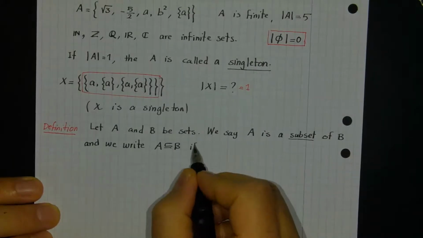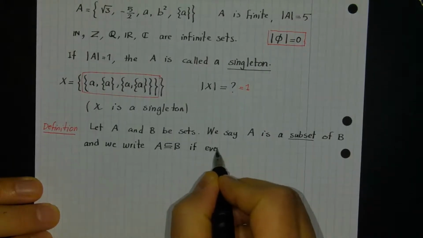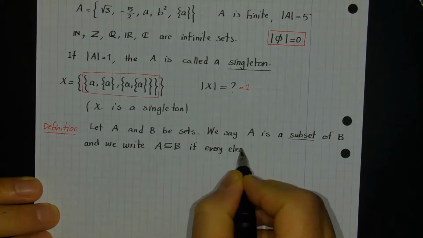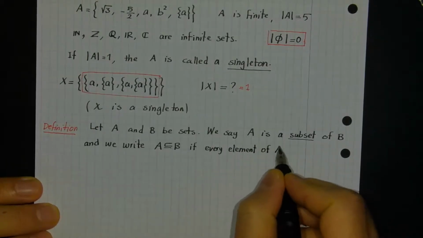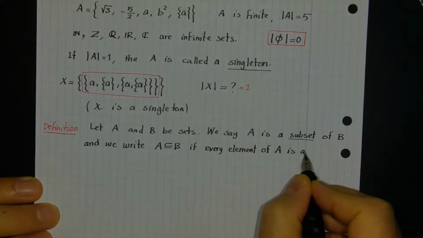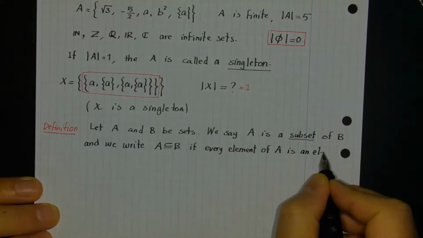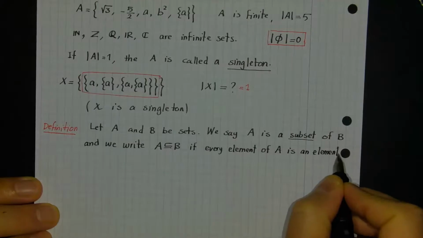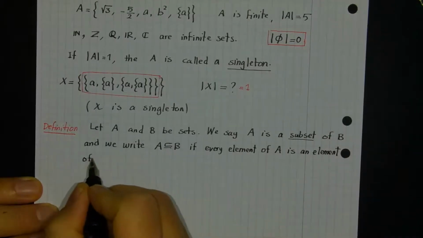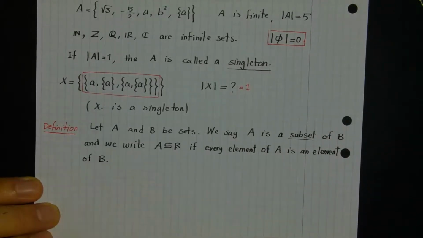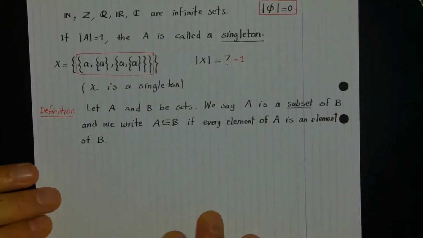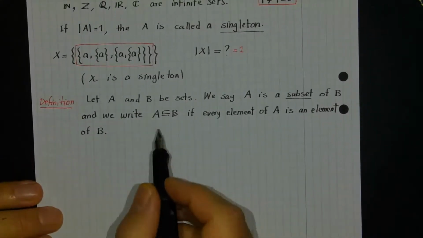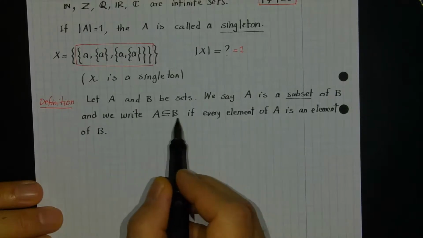If every element of A is an element of B. Okay, so that is a very important notion. This is the notion of subset, and this is the symbol that we use.